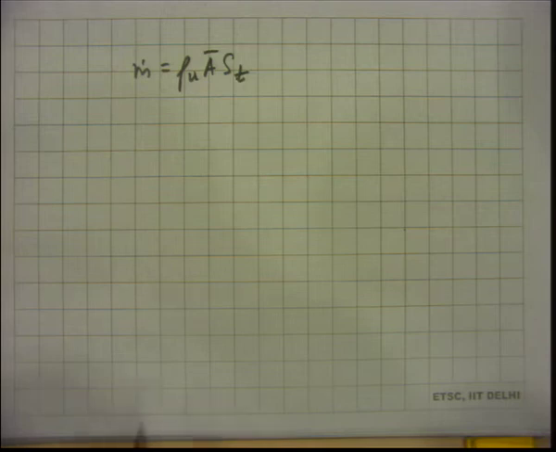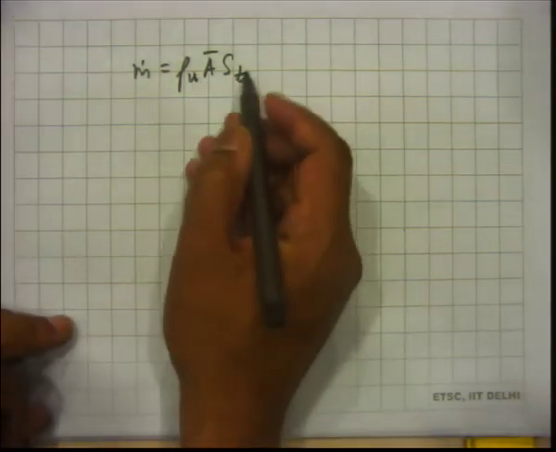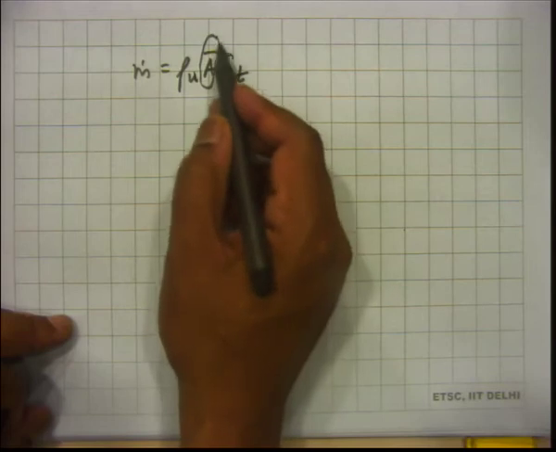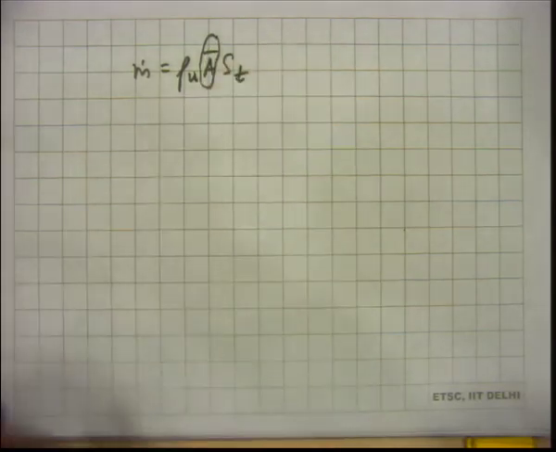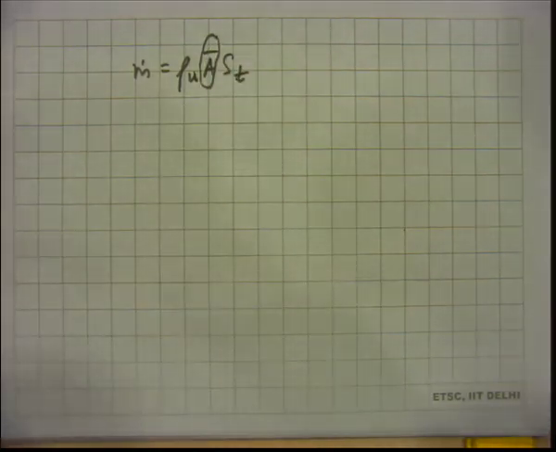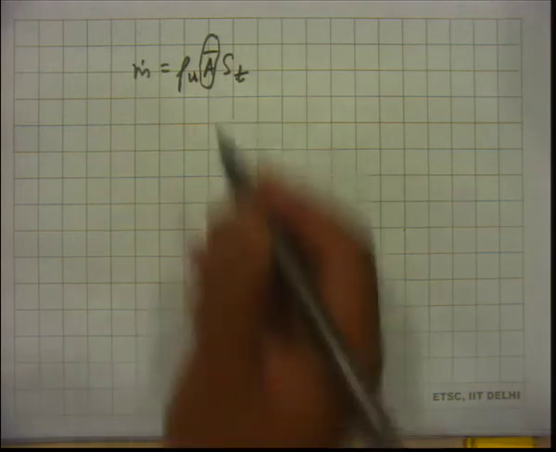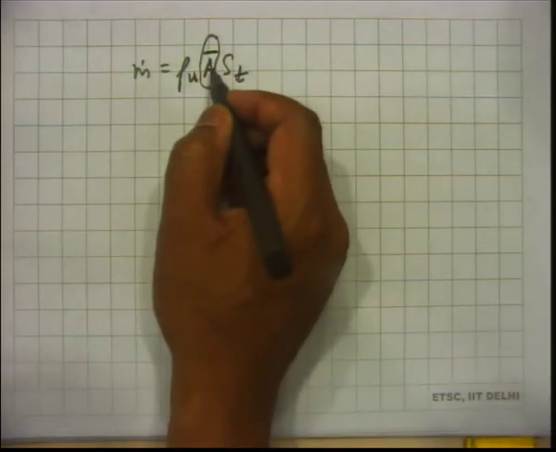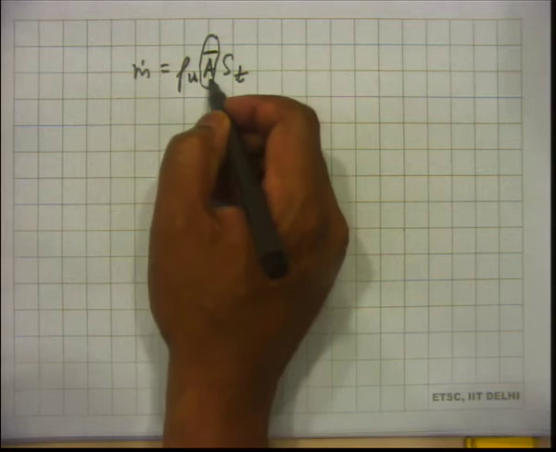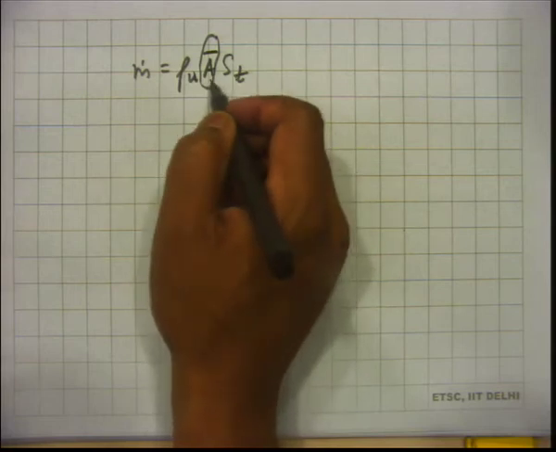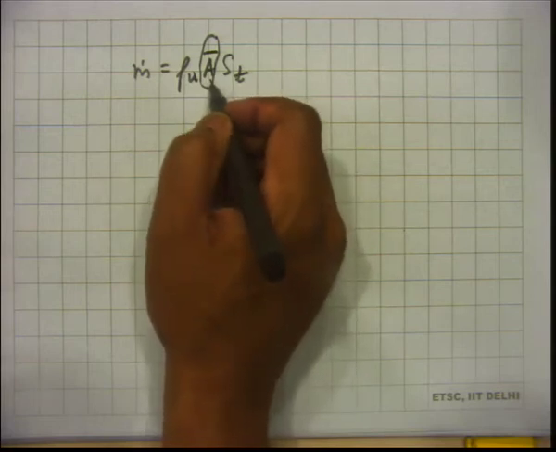So, what we typically think of doing is that we will get some information about A bar, maybe from flame images, and we will try to have some kind of an estimate for A bar. This is also not easy, but it is easier than measuring velocities.